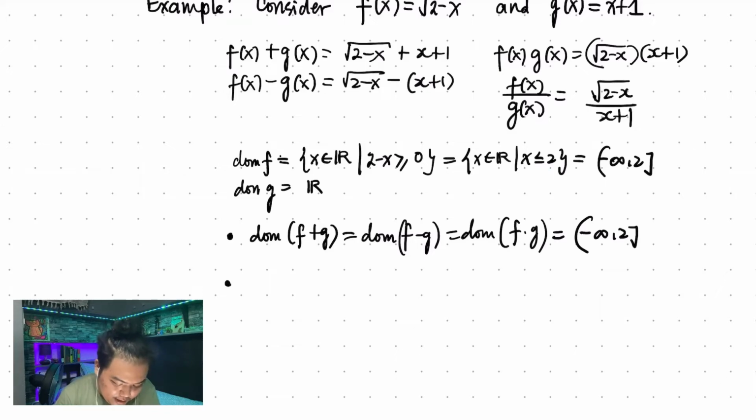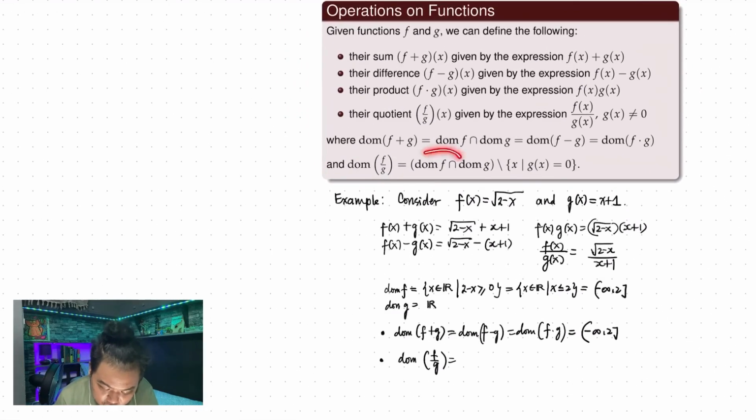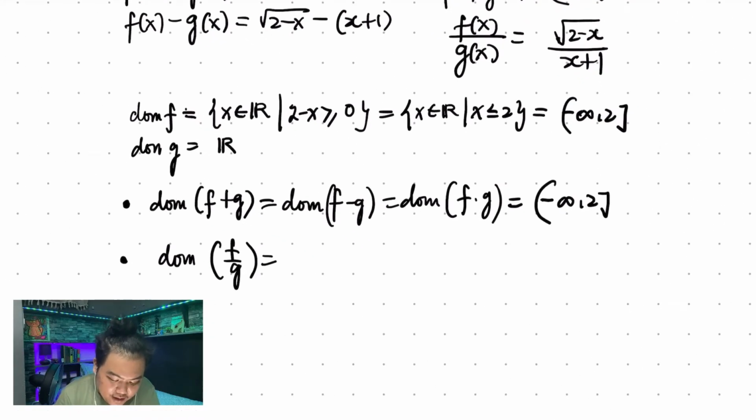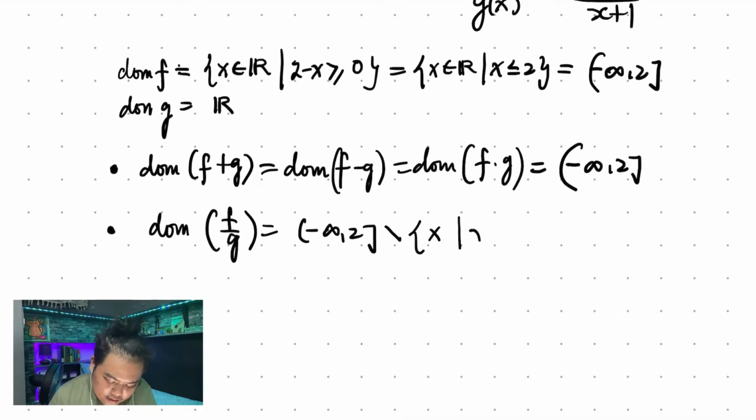And what is the domain of f over g? Pareha lang dun sa domain ng tatlo, pero aalisin mo yung magpapa-0 sa denominator. So, meaning, ito yon. Kasi intersection. Tapos, i-take away the set of x such that g of x is 0. Ano ba si g of x? X plus 1. X plus 1 is 0.